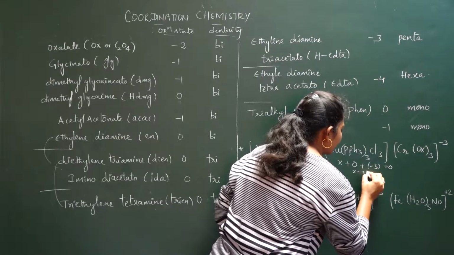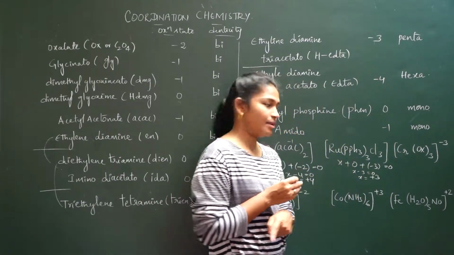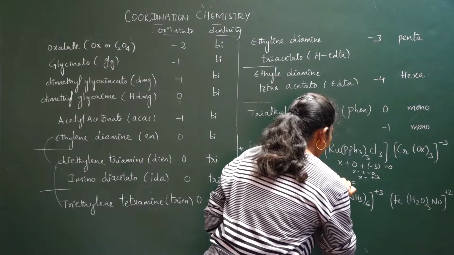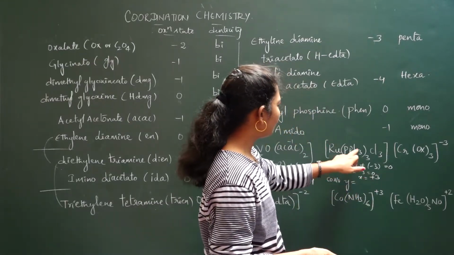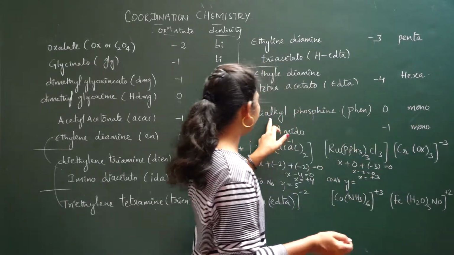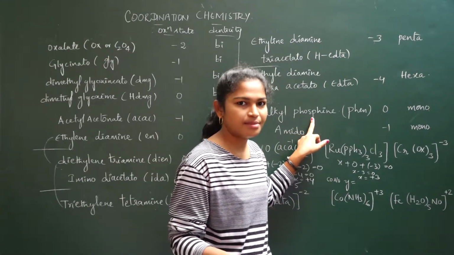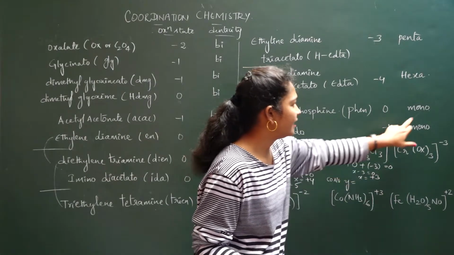So X - 3 = 0. X is equal to +3. The oxidation state is +3. Then what is the coordination number? It is monodentate, right? Trialkyl phosphine, PPh3 or P(CH3)3, like that. It is a neutral ligand and it is monodentate.